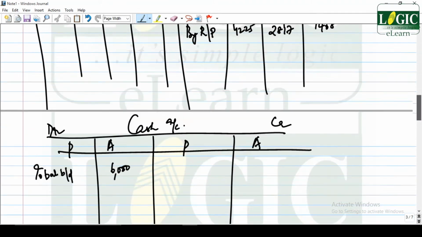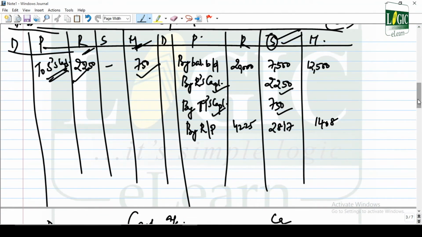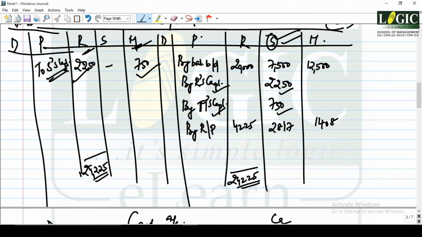Here take the case of R. The heavier total is on the credit side, so 24,225. Heavier total on both sides, 24,225. What is the difference? This man will have a balance because R is a continuing partner.